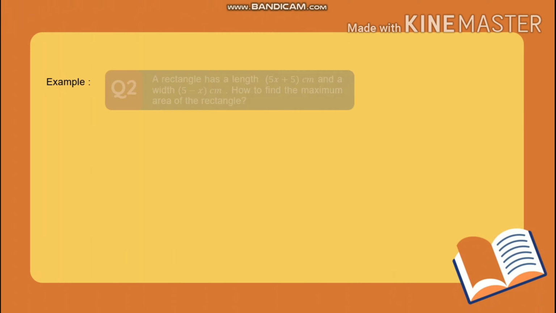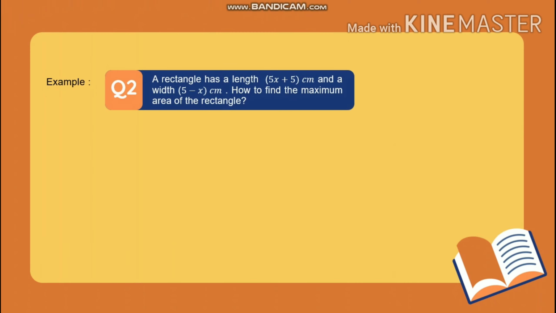Next, example 2. A rectangle has a length in the bracket 5x plus 5 centimeters and a width 5 minus x centimeter. How to find the maximum area of the rectangle? The answer, step 1. Define the formula for the area of a rectangle.